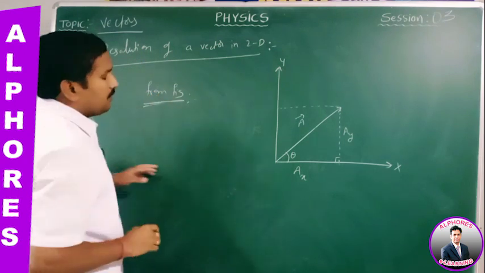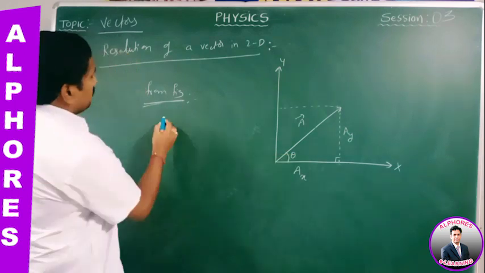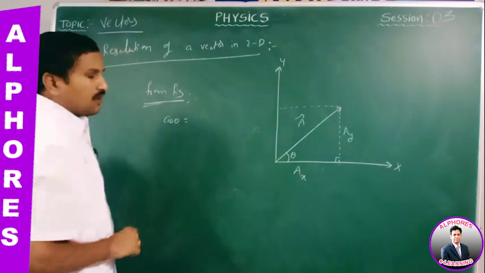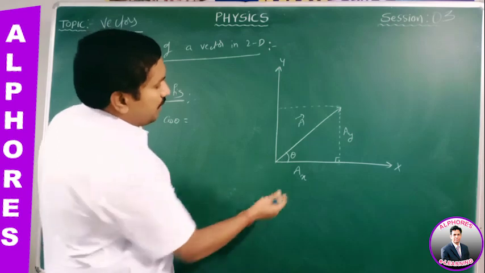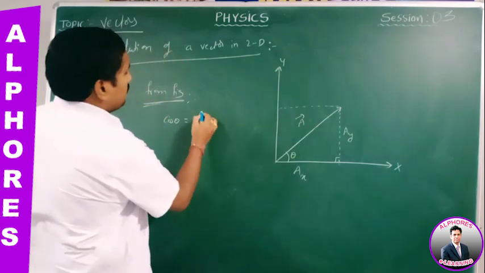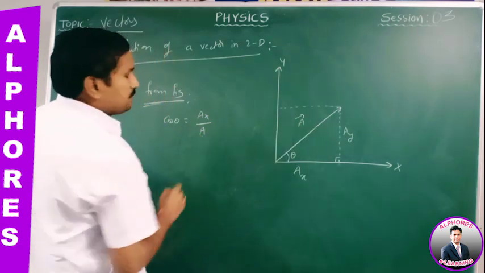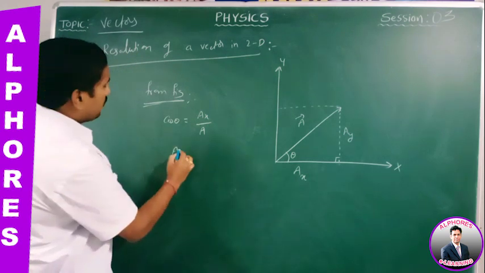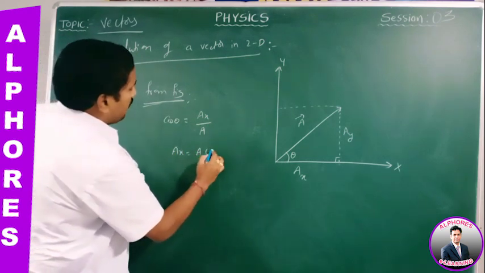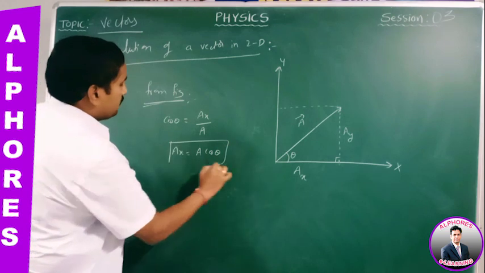From the figure, what is the value of cos theta? Cos theta is adjacent side by hypotenuse, which means ax by a. That means ax is equal to a cos theta.